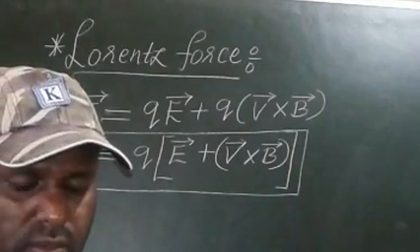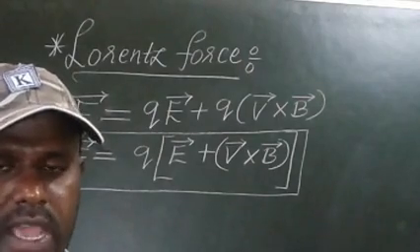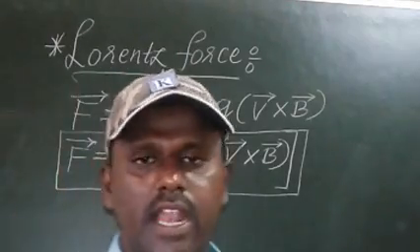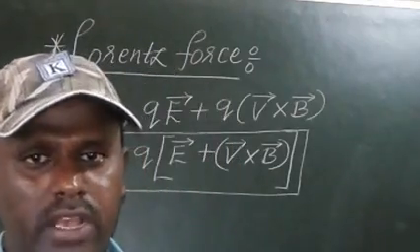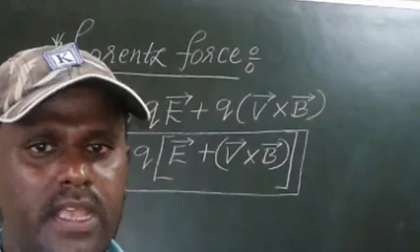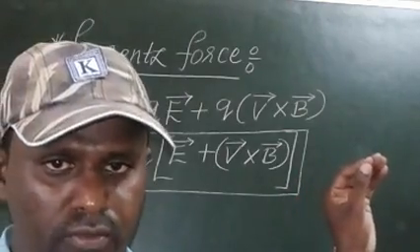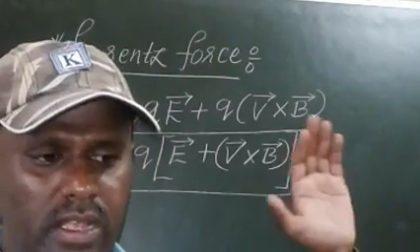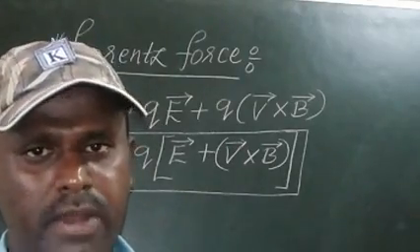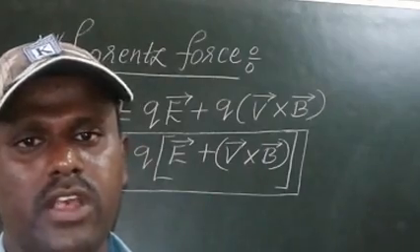Magnetic field means, if a wire is carrying current, if electric current is flowing in a wire, then around the wire there will be a force and a field. That force attracts some metals and repels other metals.